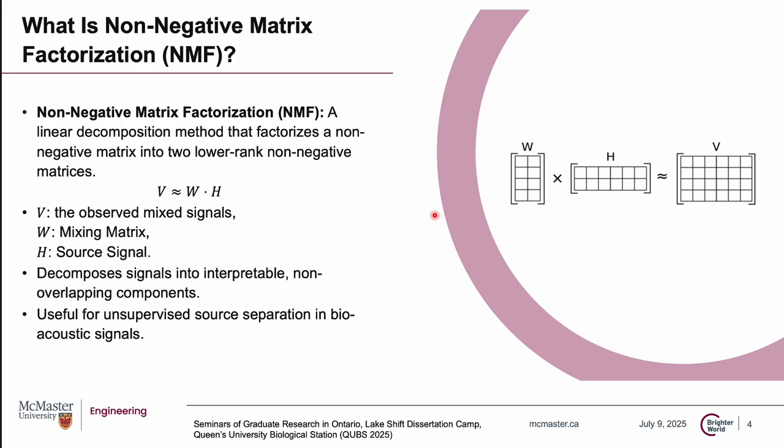H is the activation, how important each source is, and the W's are the bases, where one is the heart sound and one is the lung sound. This method decomposes the signals into interpretable and non-overlapping components, which is really useful for unsupervised source separation in bioacoustic signals or other acoustic signal separations.